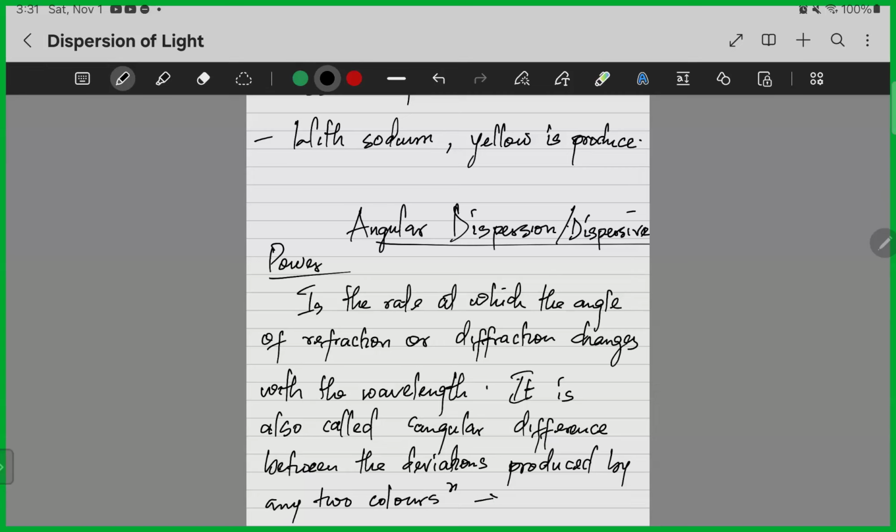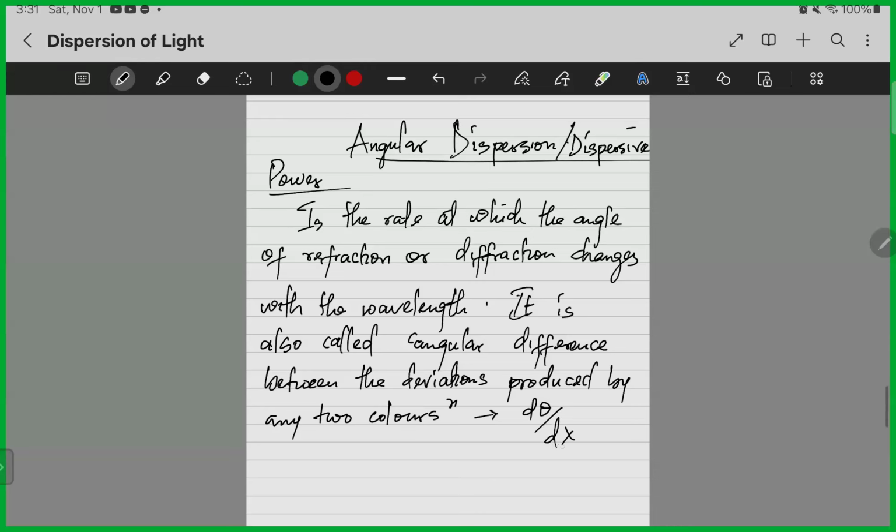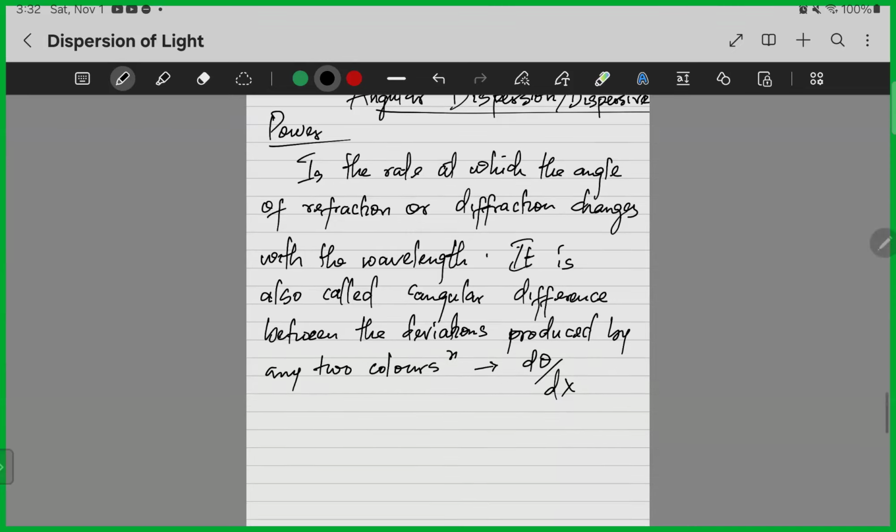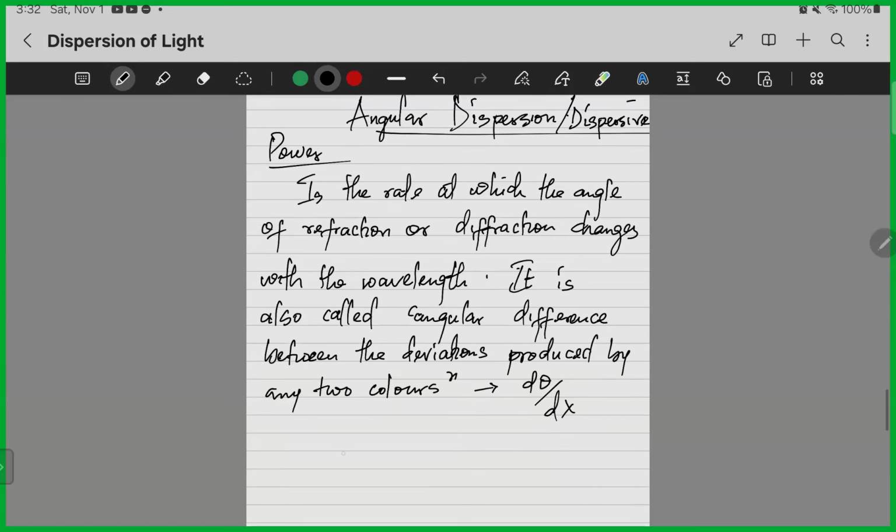And the formula for that is delta theta by delta lambda. So that's for angular. Let's talk about linear dispersion now.